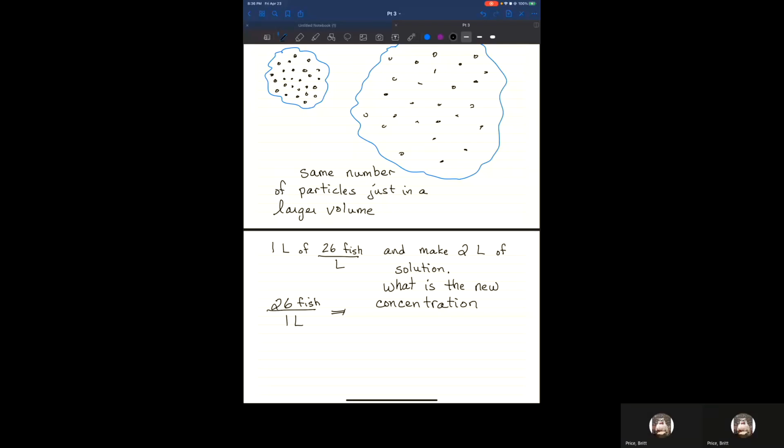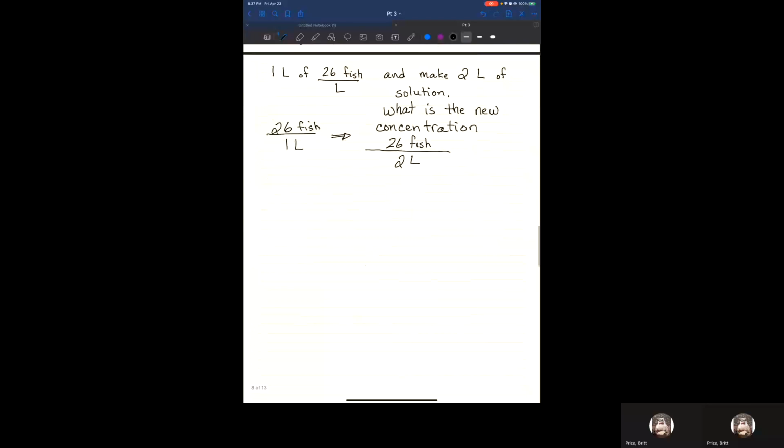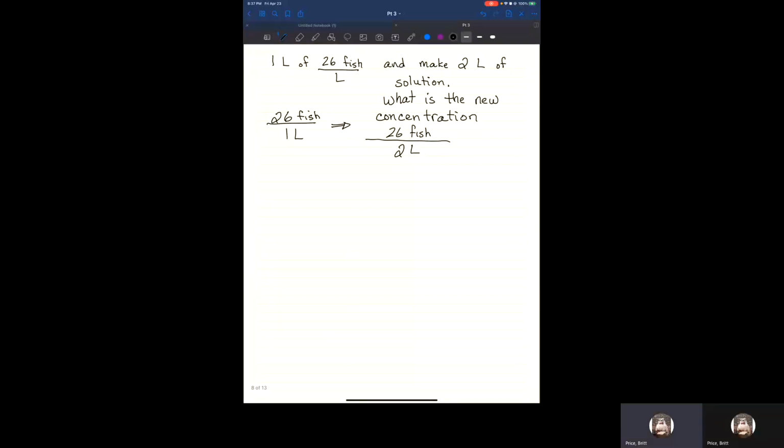Okay, when I put them in the bigger container, how many fish did I put in? I made that point of counting 26 dots. I got 26 fish. But those 26 fish are no longer in 1 liter. They're in 2 liters. That means my new concentration is 13 fish per liter.